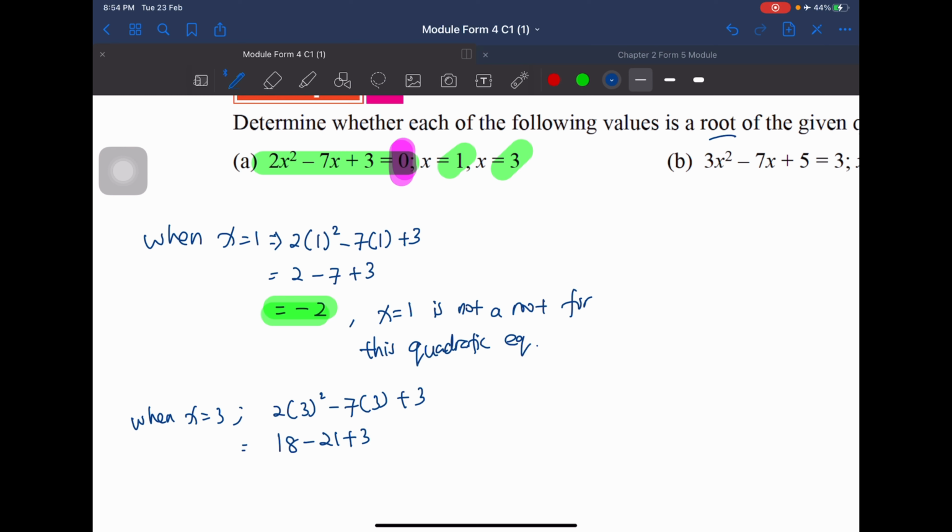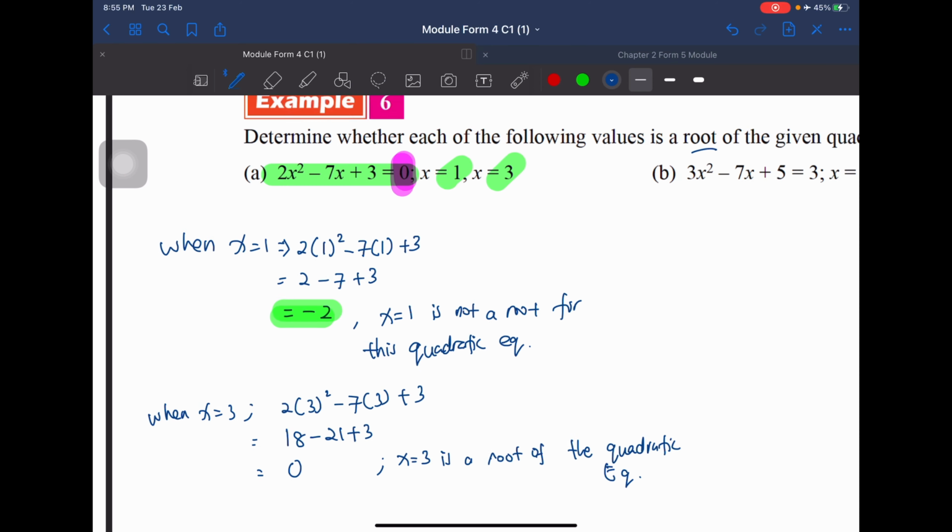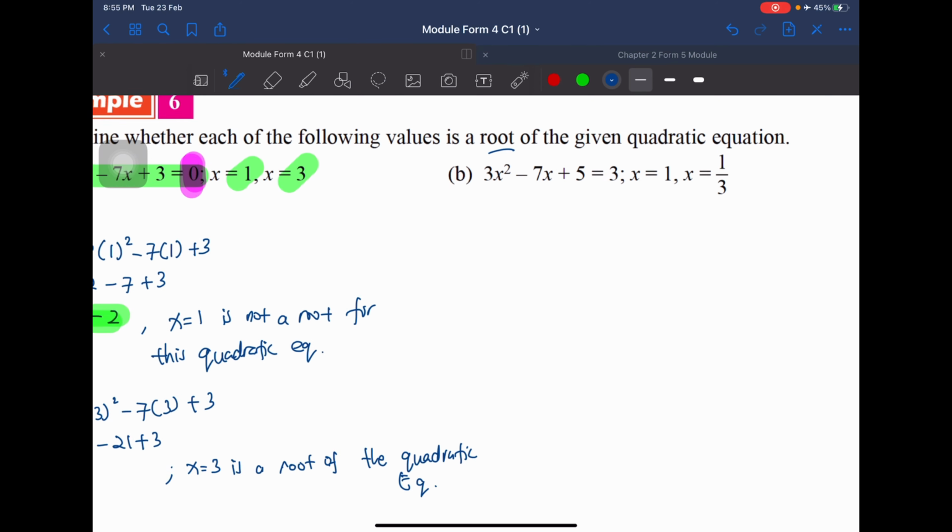When you press your calculator, your answer is 0. So it means it's the same like the question. So what can we conclude? That x equals to 3 is a root of the quadratic equation. So let's try the next example.